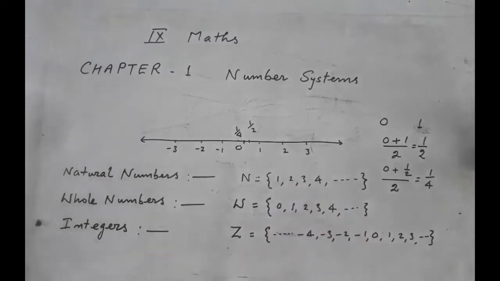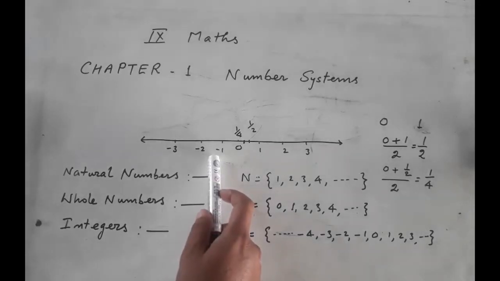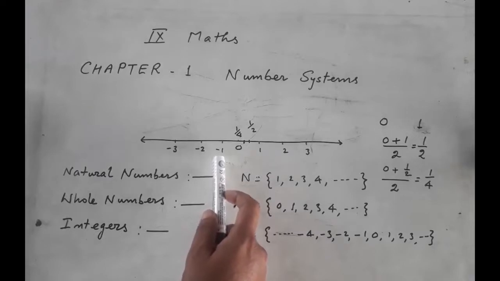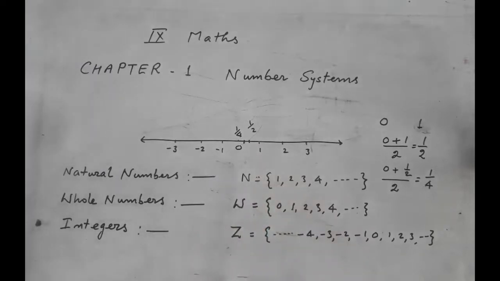What are these numbers? These numbers such as 1 by 2, 3 by 4, and minus 1 by 2, minus 3 by 4, minus 2005 by 2006, are various collections of rational numbers. These are called rational numbers. What are rational numbers?